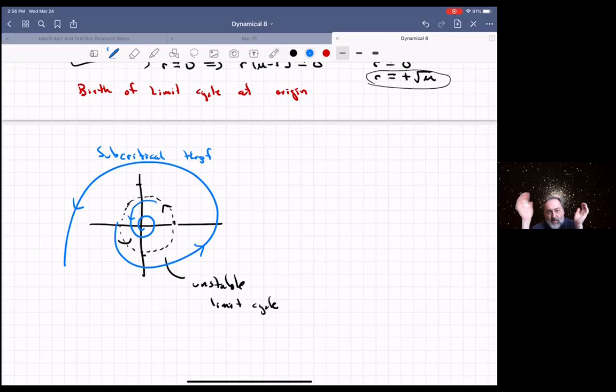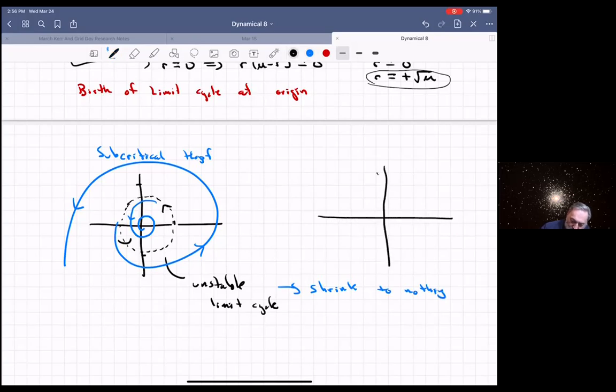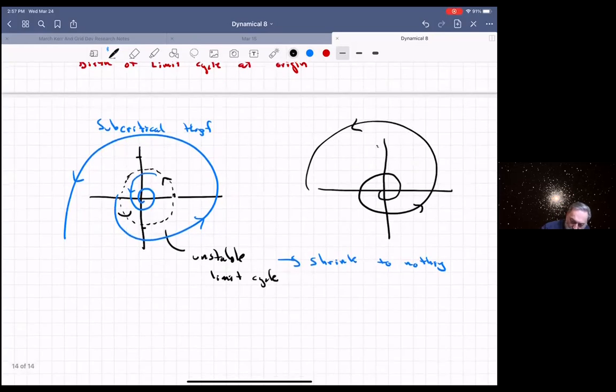One region is spiraling away to infinity. The other region is spiraling down to the origin. And the idea is that you shrink your unstable limit cycle away until you get an unstable spiral.